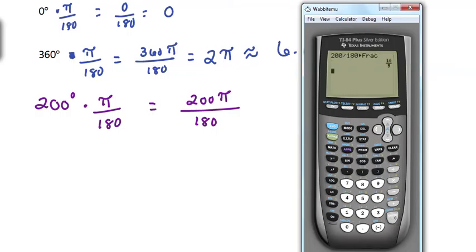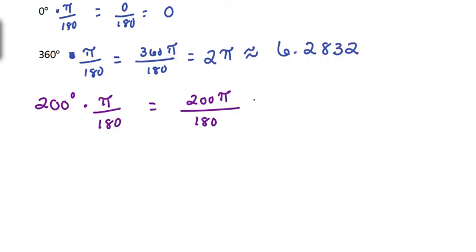The fraction in lowest terms is 10 over 9. And I still have my pi. So this is 10 pi over 9.